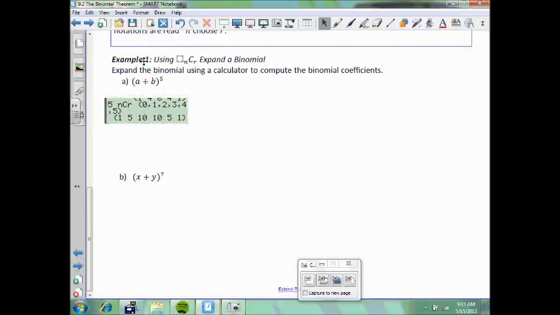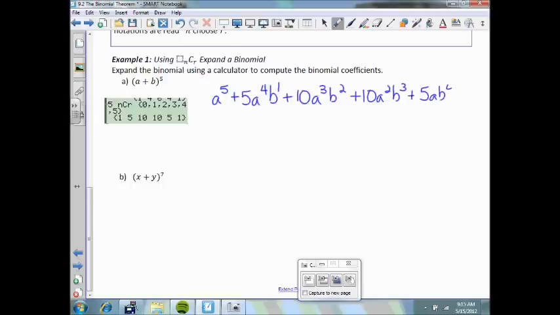So when we do this, we'll have a to the fifth plus 5a to the fourth, b to the first, plus 10a to the third, b squared, plus 10a squared, b to the third, plus 5ab to the fourth, plus b to the fifth.